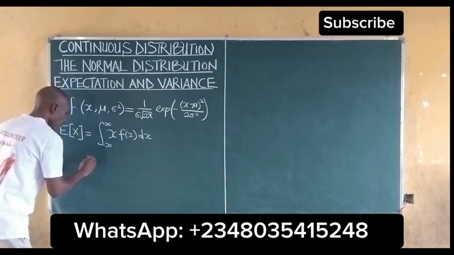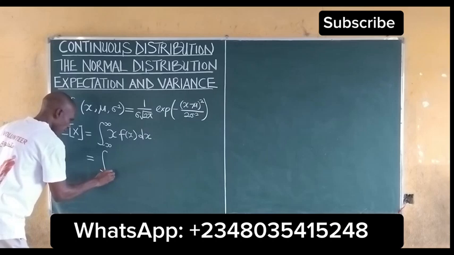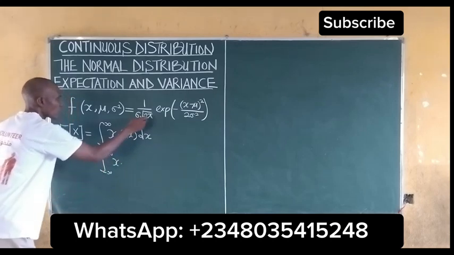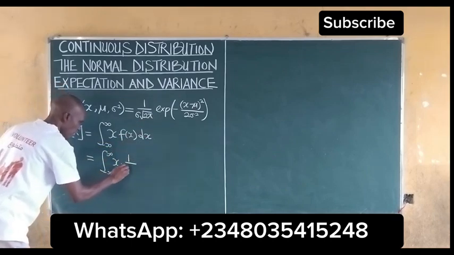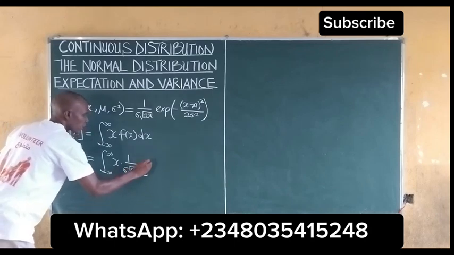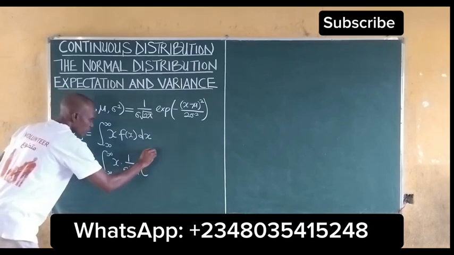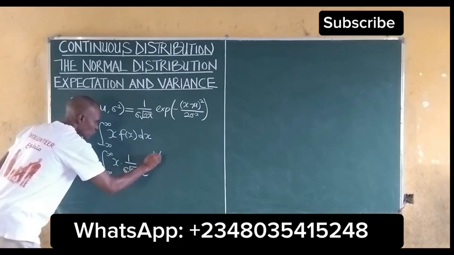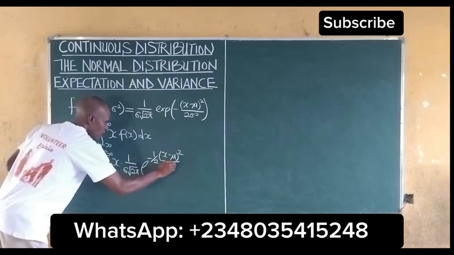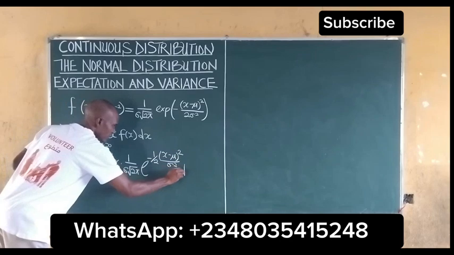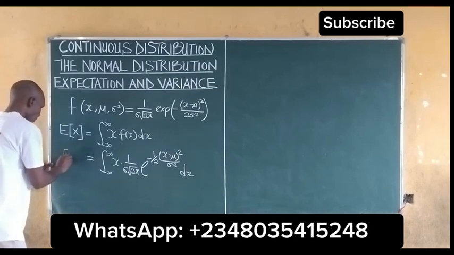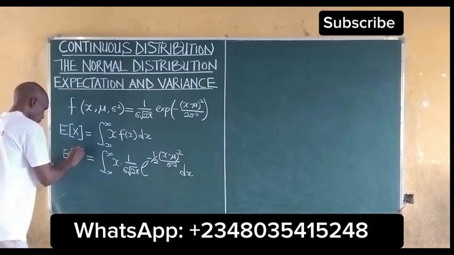So it means we have negative infinity to infinity x multiplied by what we have here, 1 all over sigma square root of 2 pi, exponential negative 1 all over 2, x minus mu squared all over sigma squared, then dx. This is our expected value of x.